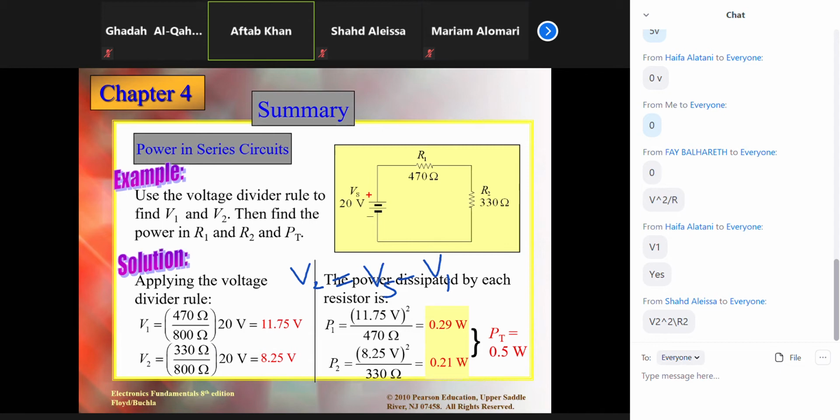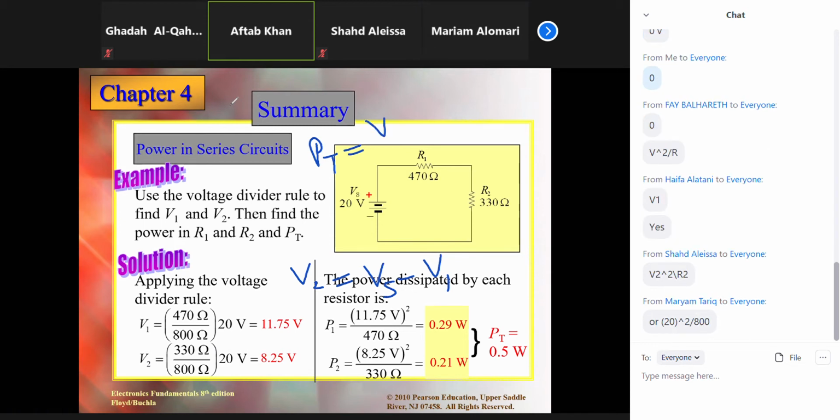If you want to calculate it directly, you can also do so by calculating the total resistance. If you want to calculate PT directly, the formula will be PT equals VT squared over RT.